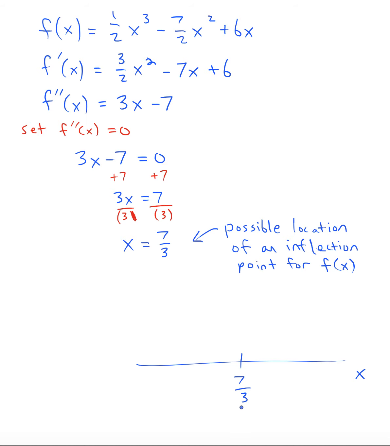There is one possible location of an inflection point at 7/3. So we already know when it comes to the second derivative that the sign of it is neither positive nor negative there. It's going to be 0 there.